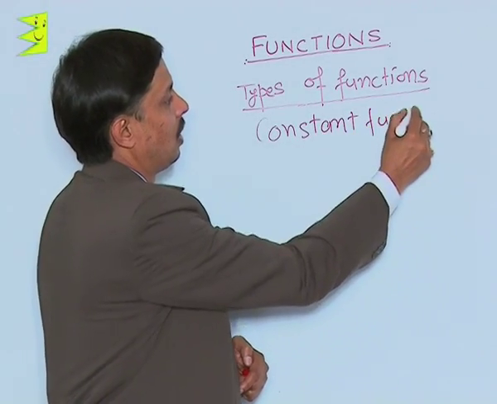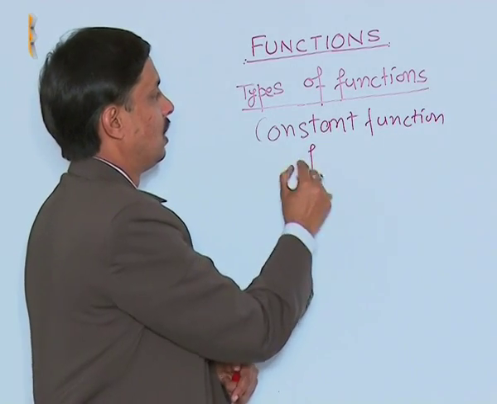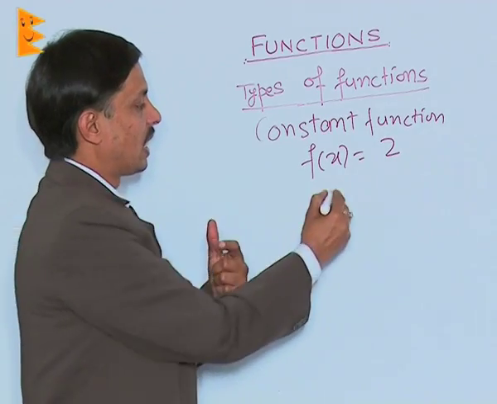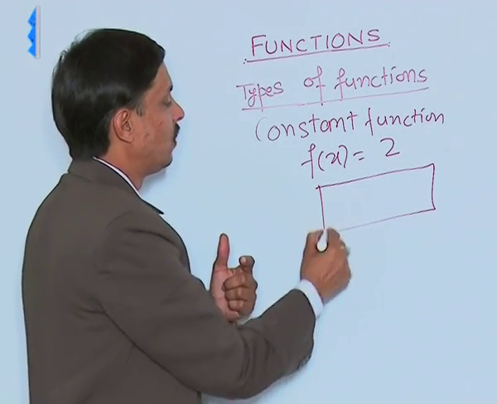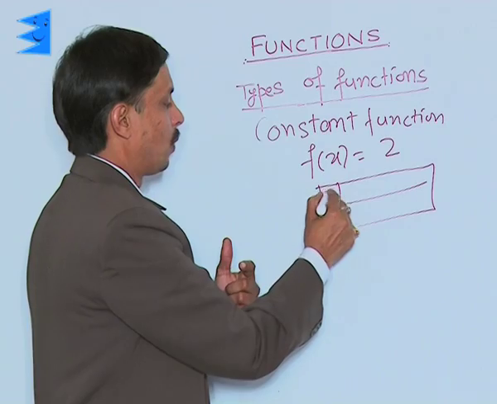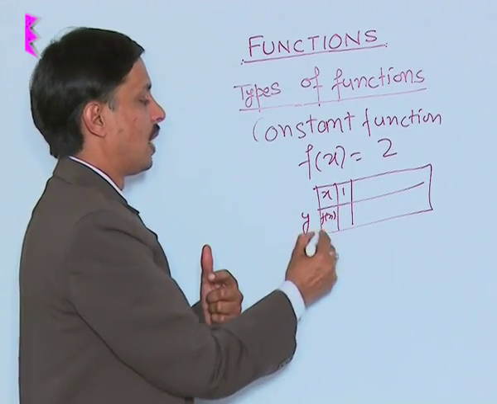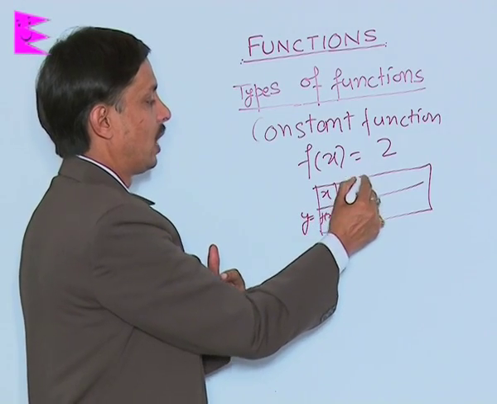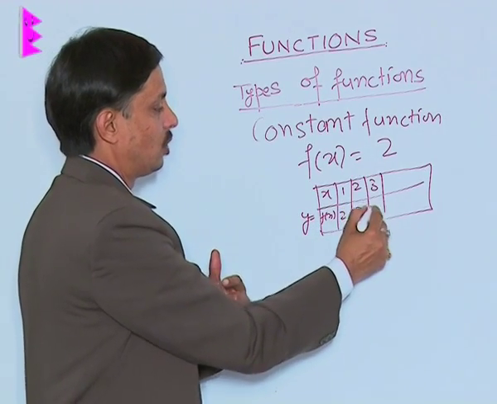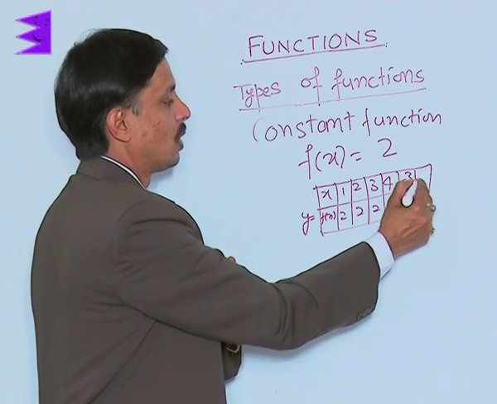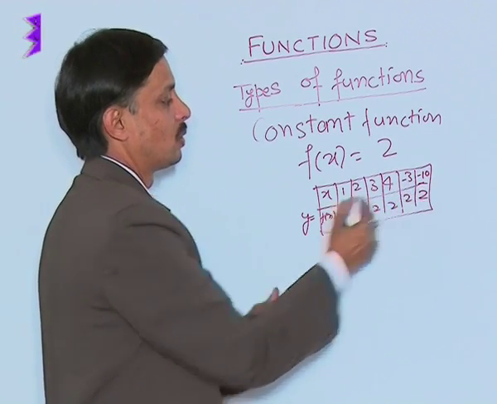If I take an example, f(x) is equal to, suppose, 2, it means that I can assume any value of x. Suppose I take x as 1, the answer of f(x), or y, is equal to 2. At 2 it is also 2, at 3 it is also 2, at 4 also 2, at minus 3 also 2, at minus 10 also 2.